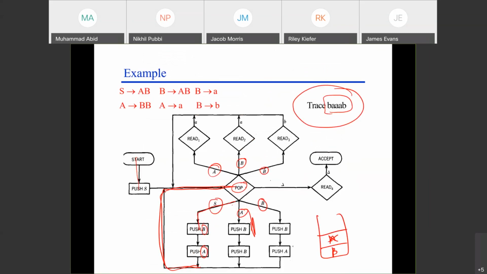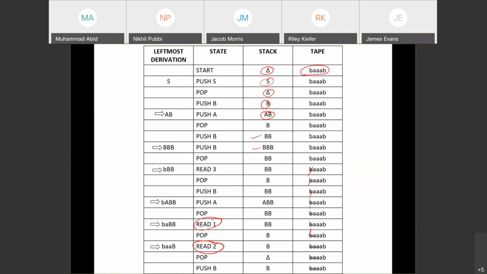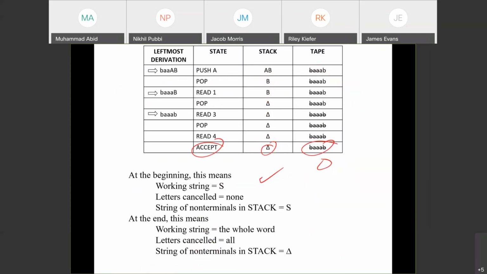So you do this dry run, and you will get some answer, whether it will be accepted or rejected. But the one thing you need to remember is that once the word is accepted, both your stack and your input tape should be empty. There should be nothing left in the stack or the input tape.